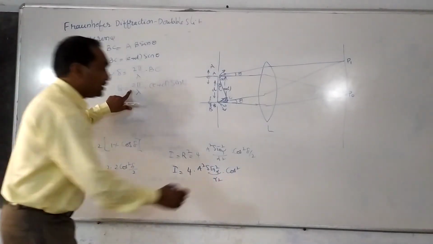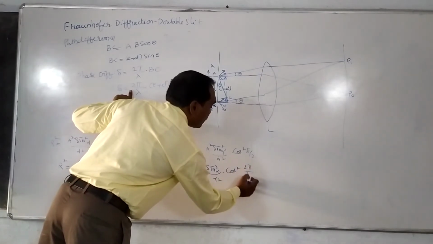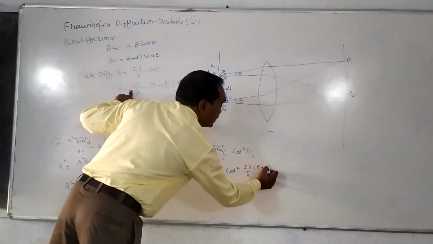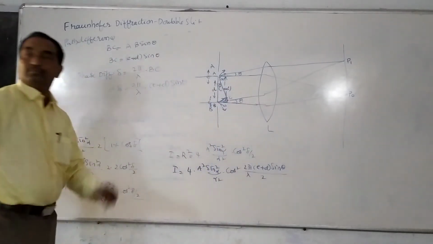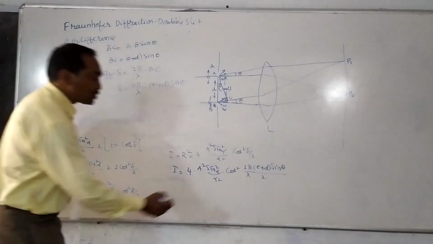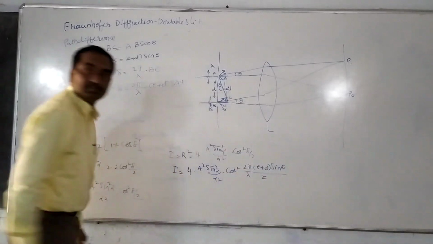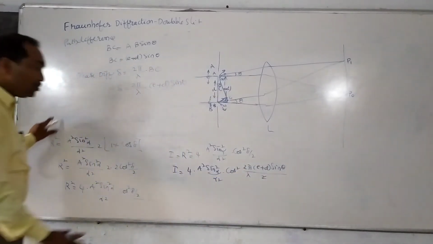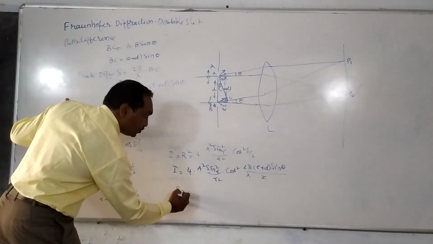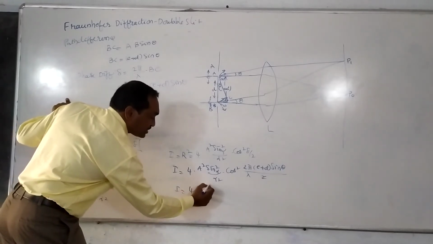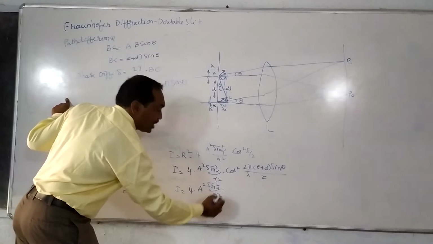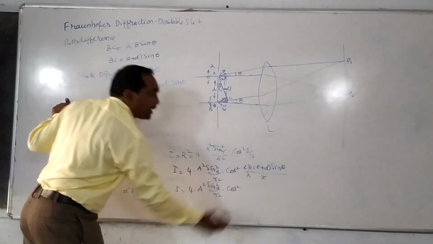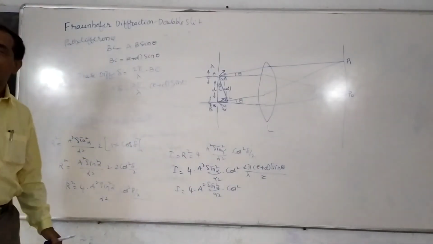Alpha value is 2 pi by lambda into e plus d into sin theta by 2, of course these two cancel each other. Now intensity I is equal to 4 A squared sin squared alpha by alpha squared cos squared of pi into e plus d into sin theta.